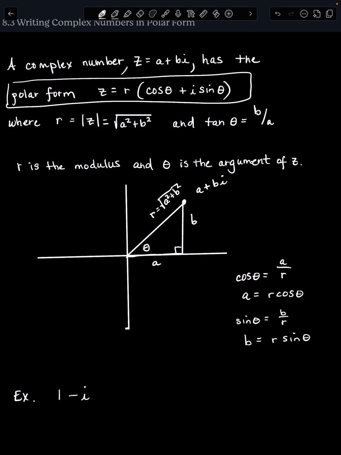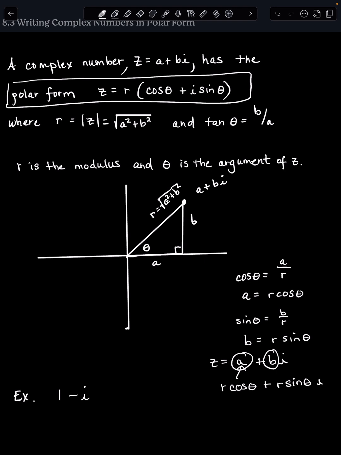This was just like if a were x and b were y in rectangular. Now I'm talking about real and imaginary, but it's the same thing. So I've taken z equals a plus bi, and a is r times the cosine of theta, b is r times the sine of theta times i.